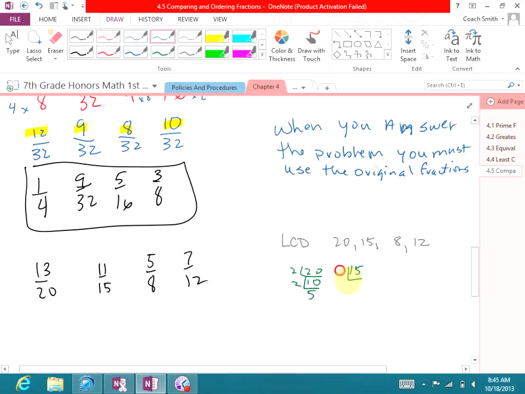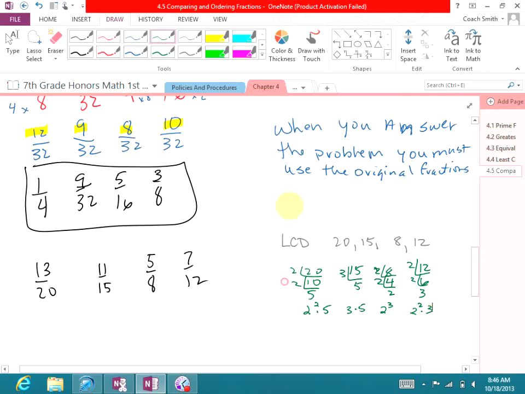15 is 3 times 5. 8 is 2 times 4, 2 times 2 times 2. And then 12 is 2 times 6, 2 times 2 times 3. So I have 2 to the second times 5, 3 times 5, 2 to the third, and 2 to the second times 3.